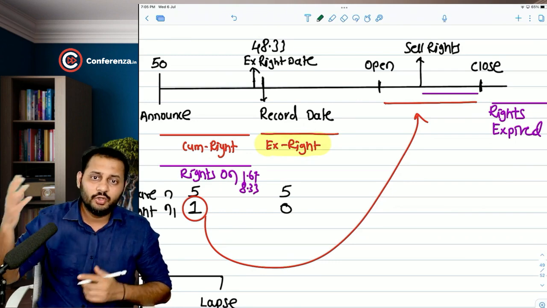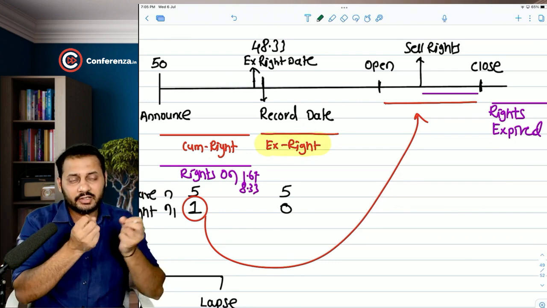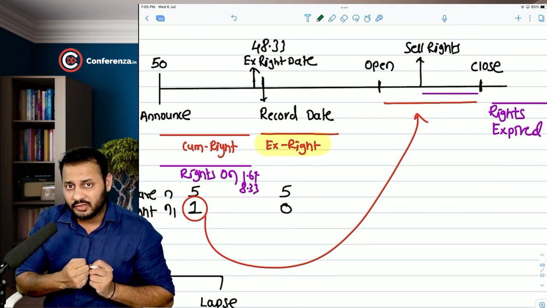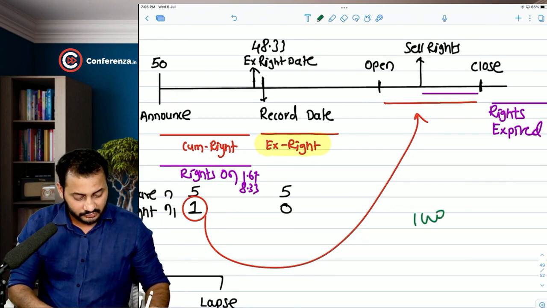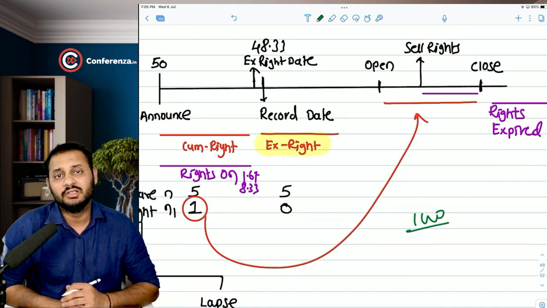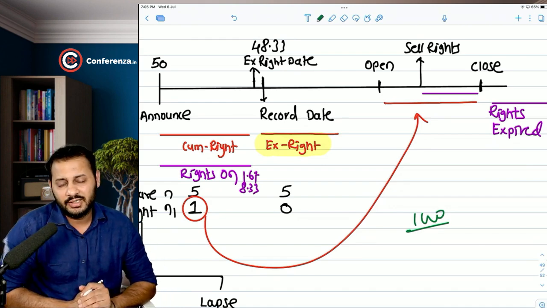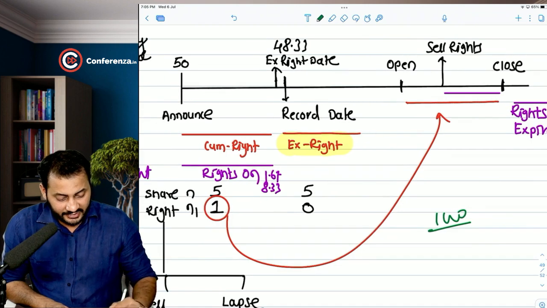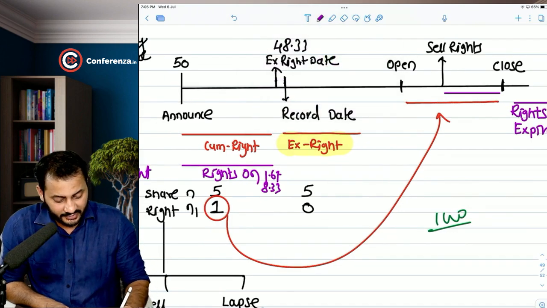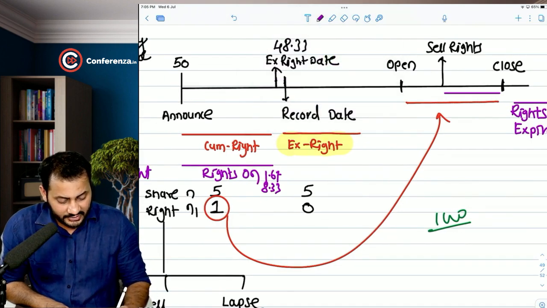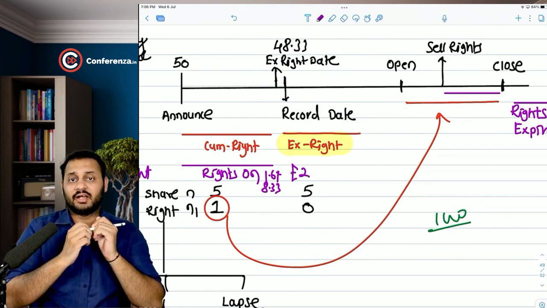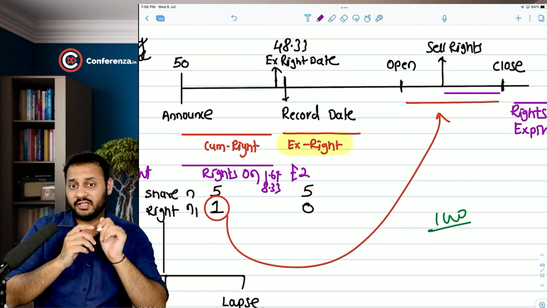So on the X right date, he will buy rights from everyone worth 1000, because he only has £1,000 with him. And remember, on the X right date, the value of the right was £2.